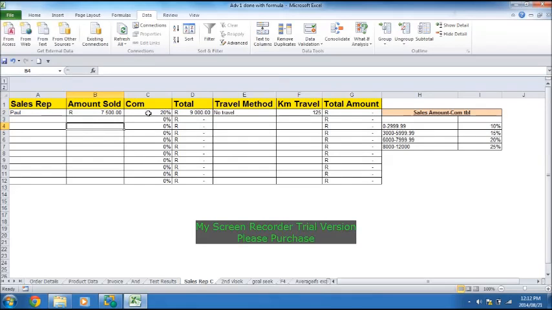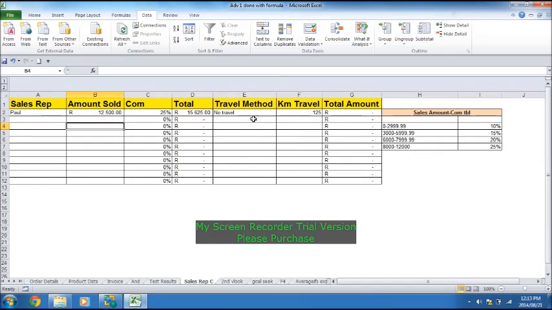So here, as you can see, I've created a formula, and it's an advanced formula, but that formula, when typing in amount sold, will be able to then determine what the percentage is based on that value, which means it would be correct, you'll never make a mistake, and it obviously saves the time of having to type that in yourself. The total is just a straightforward plus and times function.